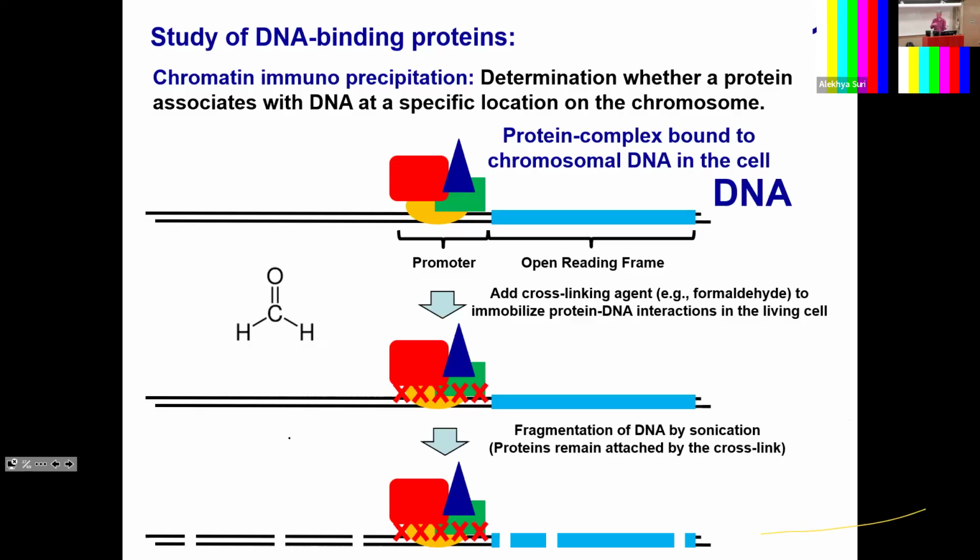There could be proteins binding to the DNA, coming off. There could be hundreds of other things happening. So what you do is you snap freeze, basically, a moment when the protein is bound.